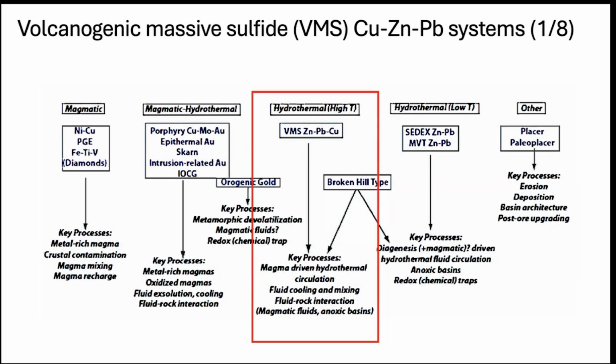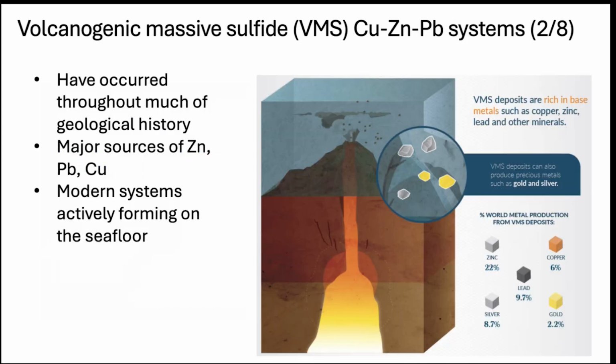Okay, now we're going into the high temperature hydrothermal realm, and we're going to talk about volcanogenic massive sulfide deposits. The cool thing about VMS is that they occurred throughout much of geological history. They're some of the major sources of zinc, lead, and copper that we have on land. And we have modern analogs that are actively forming on the seafloor.